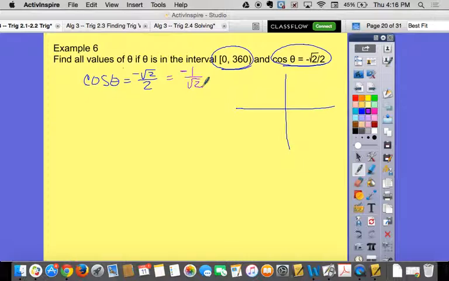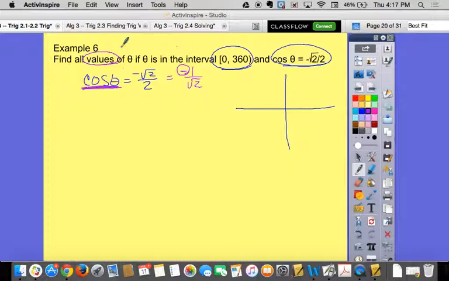Now, a couple of things that you need to get from this right here. That is cosine. They're telling you cosine is negative, okay? And one other thing. In the instructions, it says find all values. See that's plural? Most of the time, you're going to get more than one answer, okay?